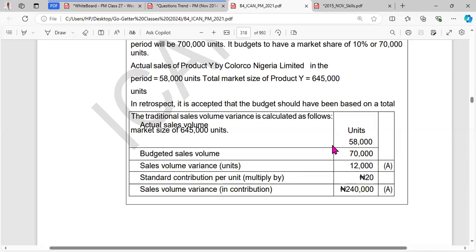So the actual is smaller than the budgeted, and it means there's a 12,000 unit adverse. With a 20 naira contribution, the sales volume variance is 240. So budgeted versus the actual, 240.